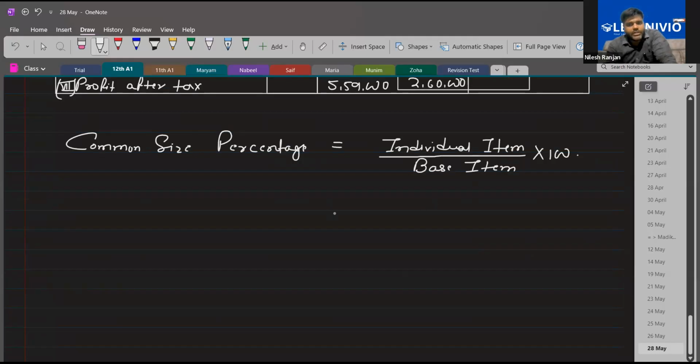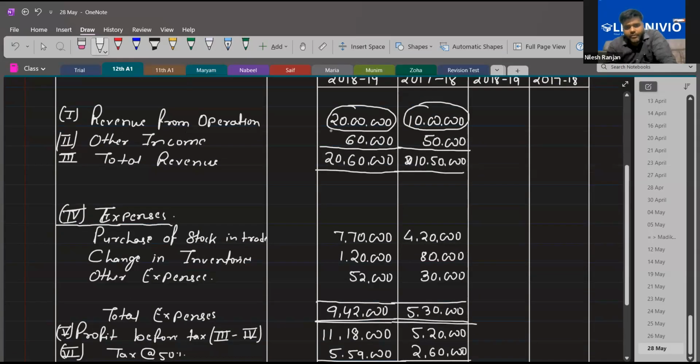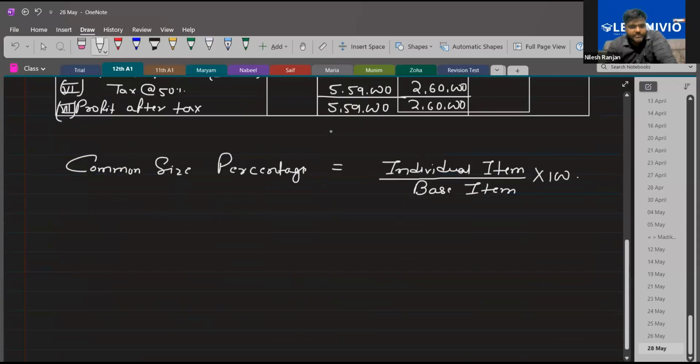So any amount will be divided by base item, meaning revenue from operation of that year.